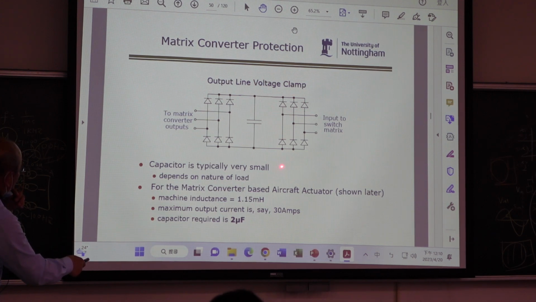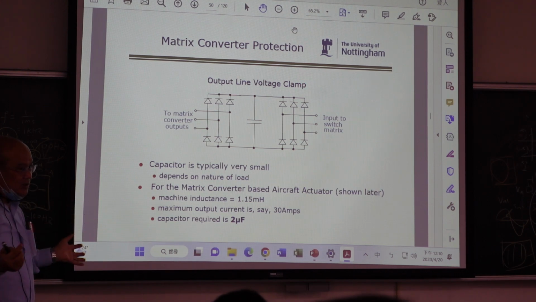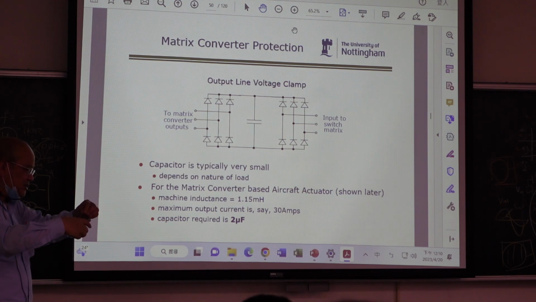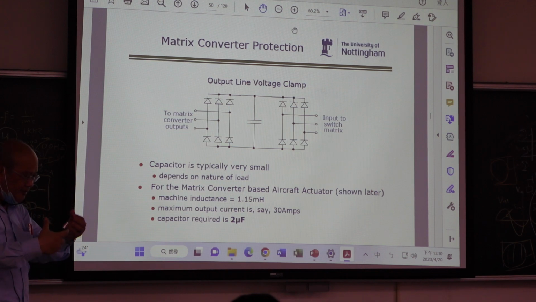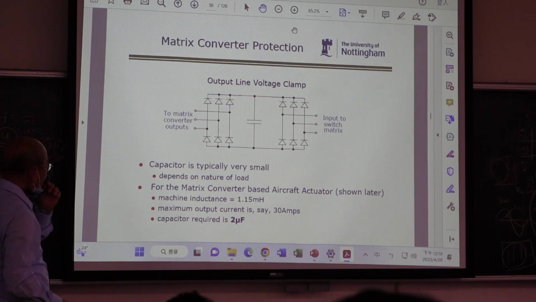We call it a clamp circuit. So our spike goes to the clamp circuit. Then you can absorb the energy. Then you will be safe. So it is only 2 microfarad.